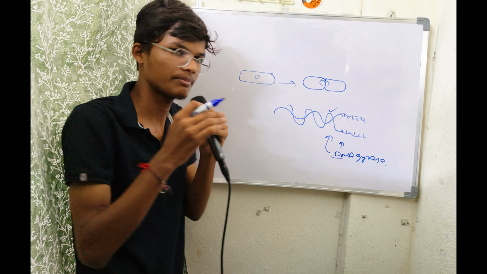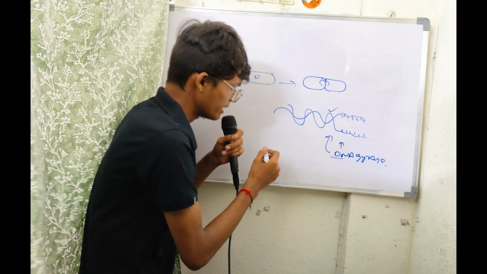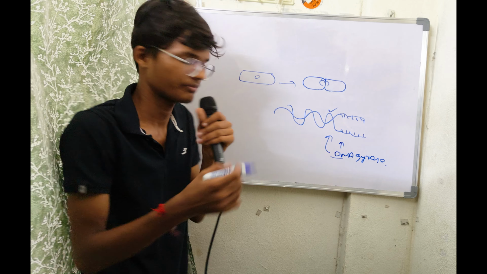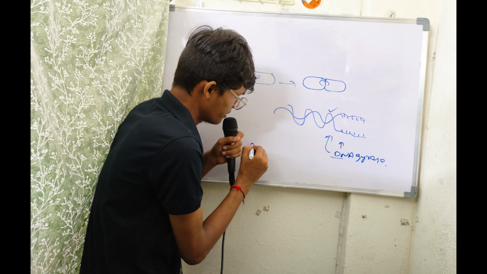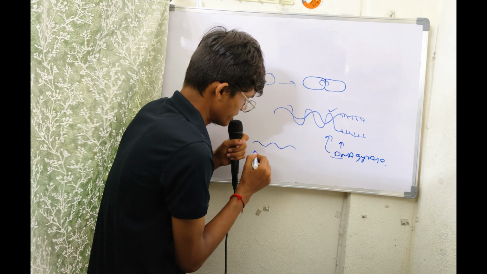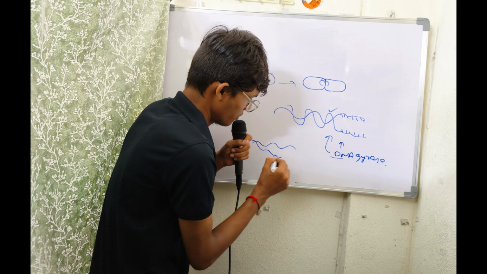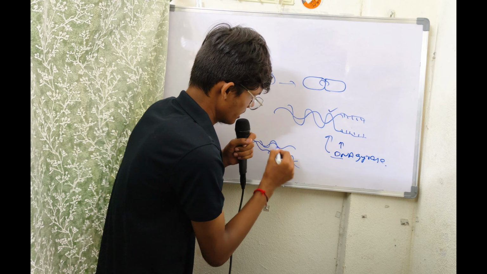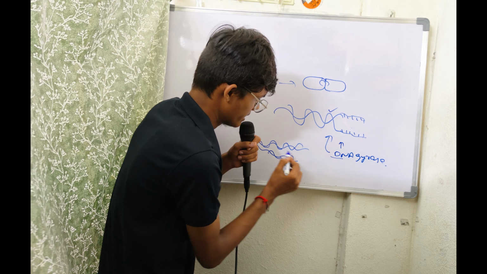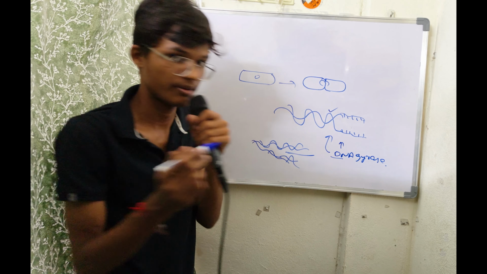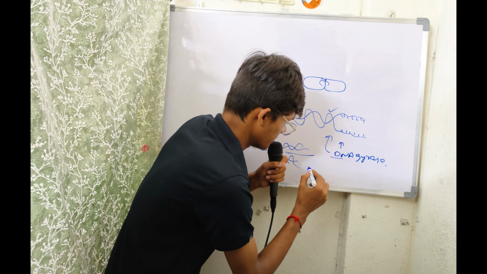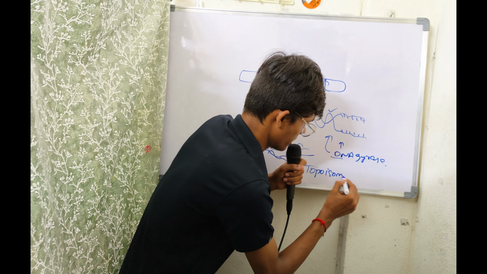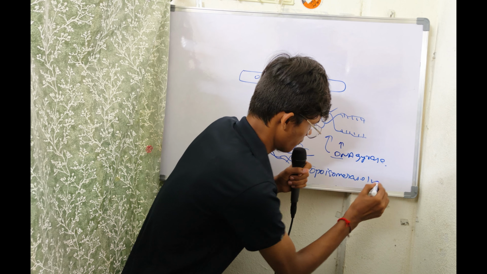Then, not replication, the unwinding. Okay, then what happens? The next step, after forming the two DNA strands, these daughter DNA strands are separated from each other by another enzyme known as topoisomerase 4.